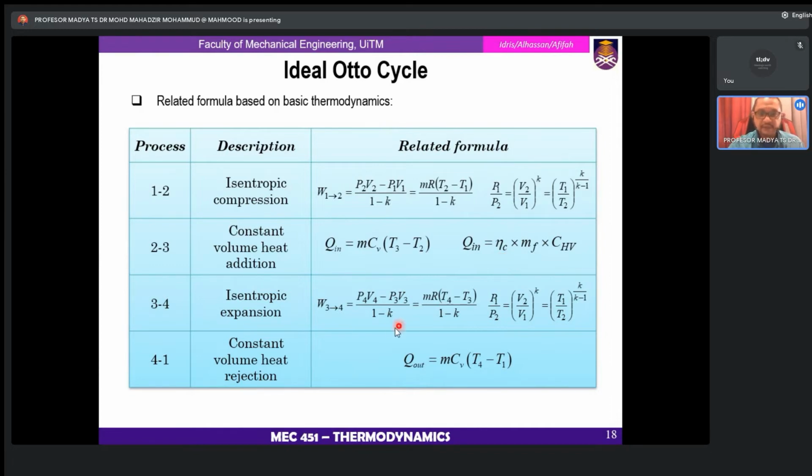Isentropic expansion is process 1-2, and constant volume heat rejection is process 2-3.